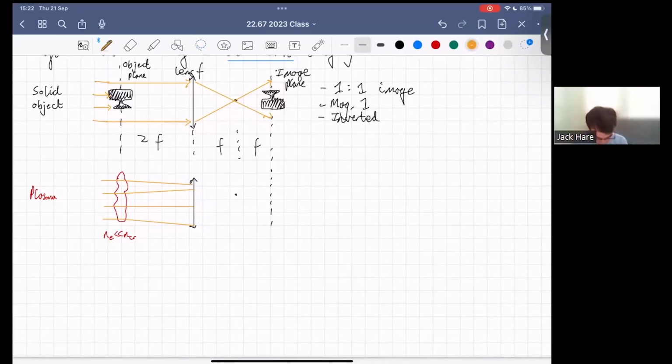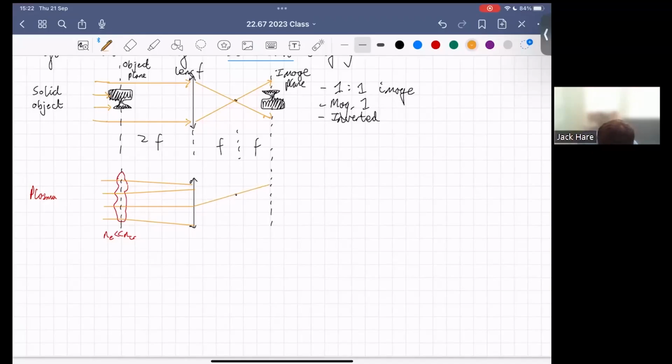Okay, good. So what will the lens do to these rays now? Well, it's still going to deflect the rays. Let's start with this one that actually didn't get deflected at all, so its angle hasn't changed.